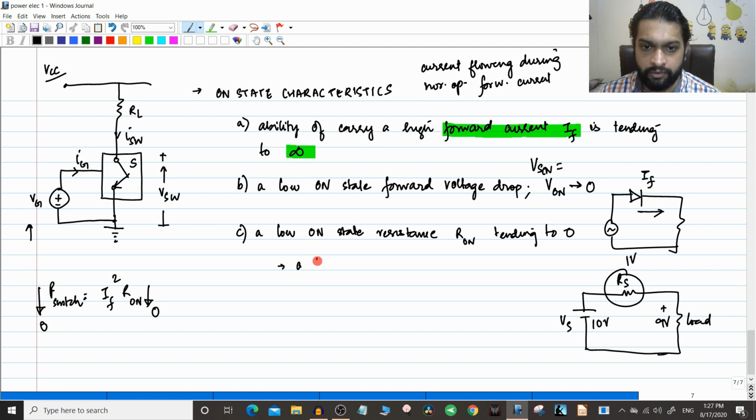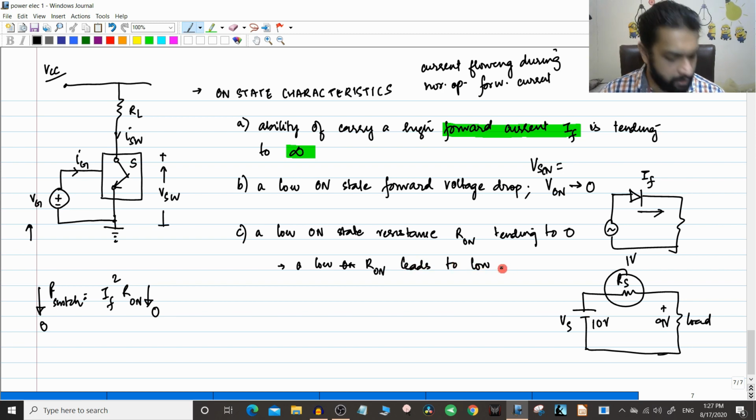So a low R on, the low on state resistance leads to a very low on state power loss, and that is called as P on.